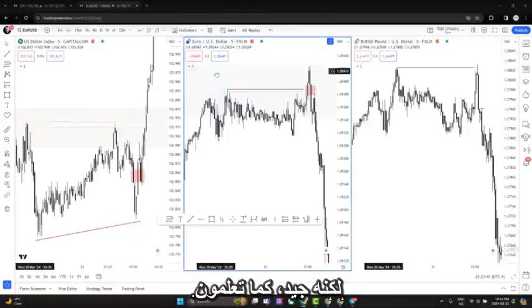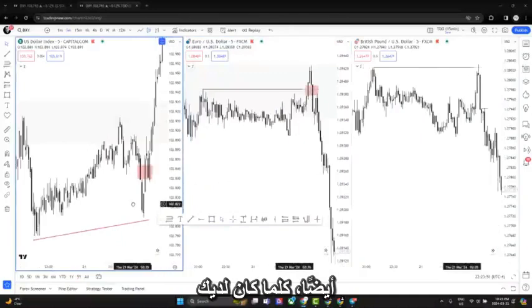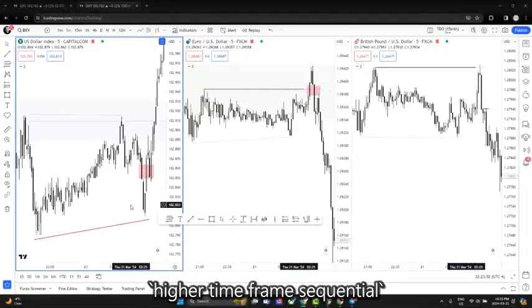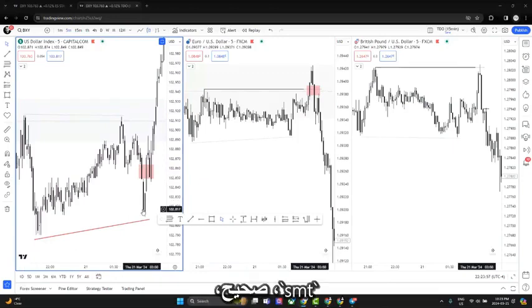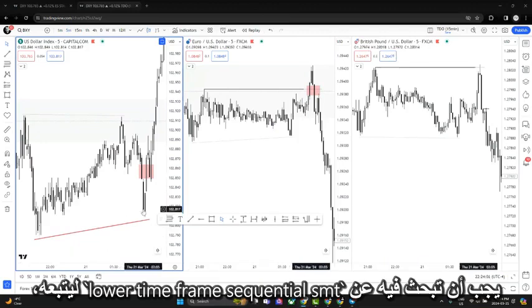But it's good. Also, whenever you have a higher time frame sequential SMT, that is where you should be looking for the lower time frame sequential SMT to follow.